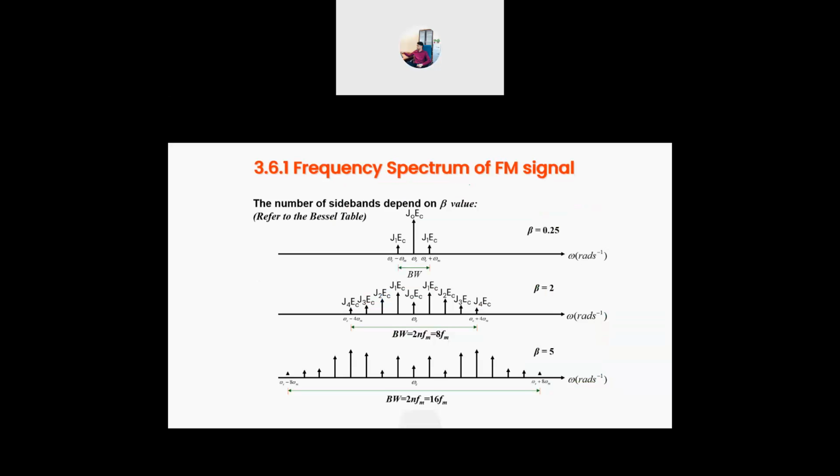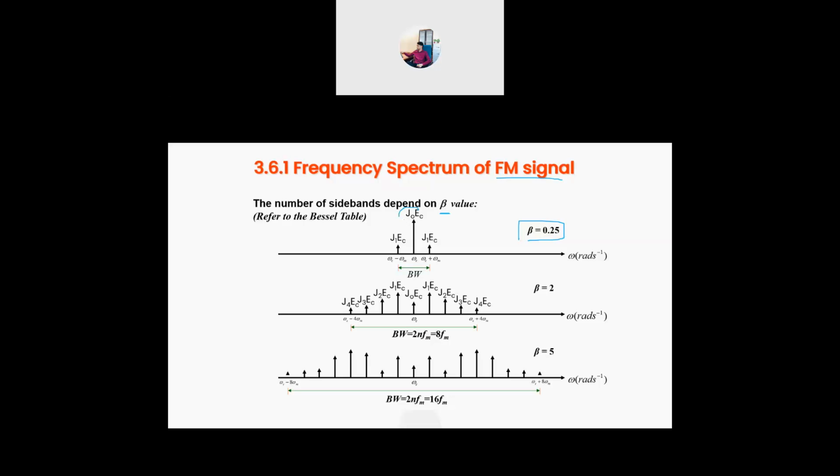This is the frequency spectrum of the FM signal, where the number of sidebands depends on the beta value. If you look into your Bessel table in the appendix, if beta is 0.25, you will have the first coefficient J_0 equal to 0.98, and then the first band is 0.12.